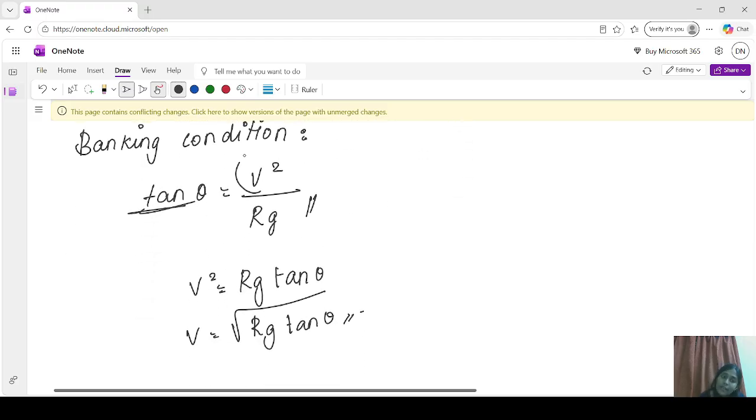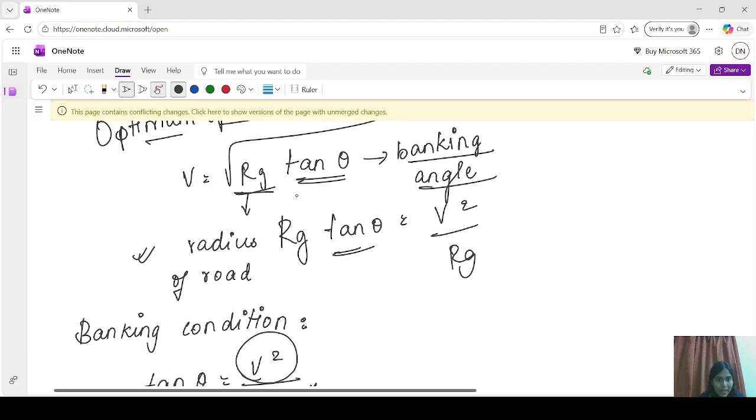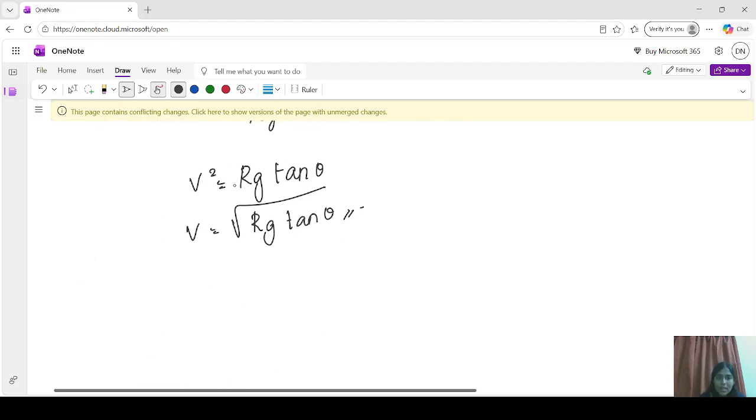Now, from this formula, we can also obtain v. v square is equal to r g tan theta and v is equal to root of r g tan theta. I have already told you how to solve problems in mechanics. Step 1, draw the diagram, identify the forces, draw the free body diagram, resolve the forces and apply Newton's law.